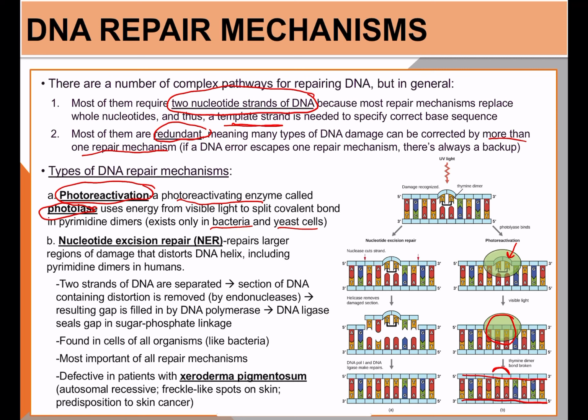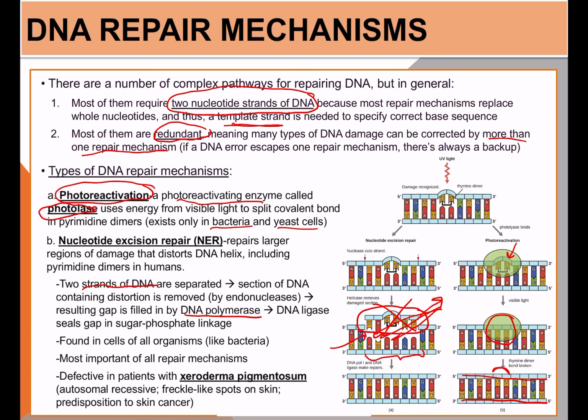So the process of nucleotide excision repair is that, first of all, you need to separate the two strands of DNA that are going to be repaired. One section of DNA containing that particular distortion will be removed, deleted out, by endonucleases. Now you have this gap you need to fill in. So here comes your DNA polymerase, which will then put in the correct nucleotides according to your template strand here.